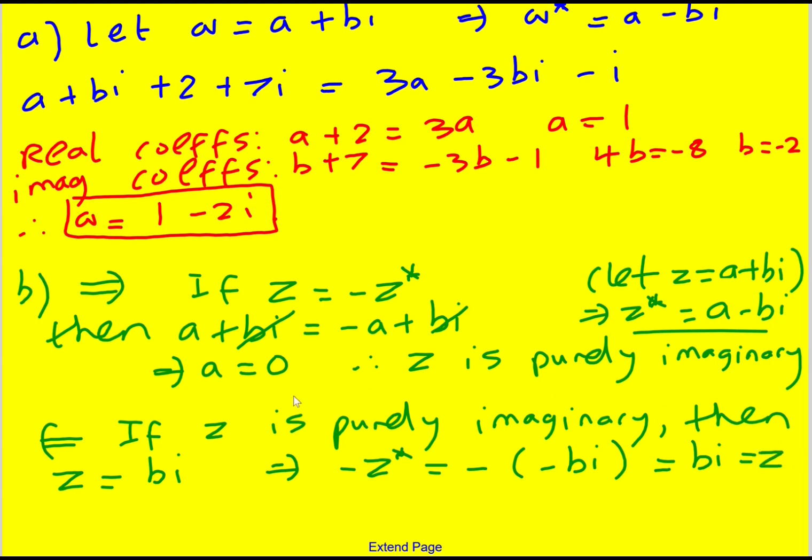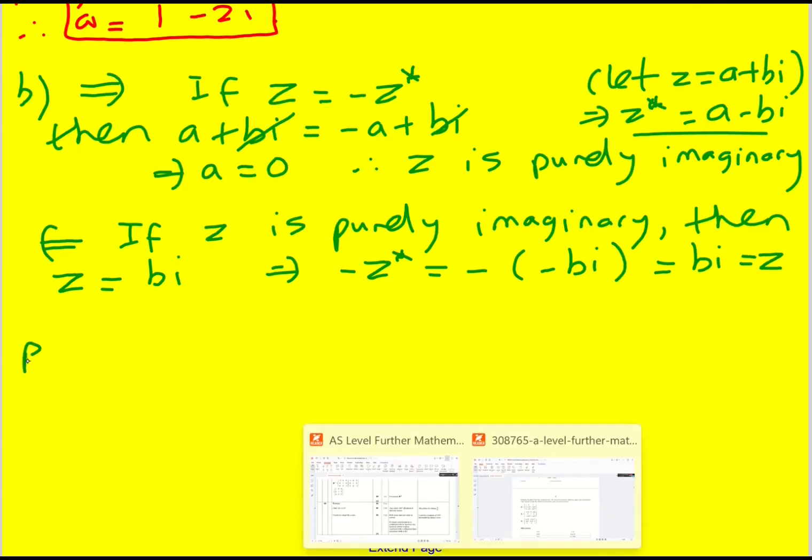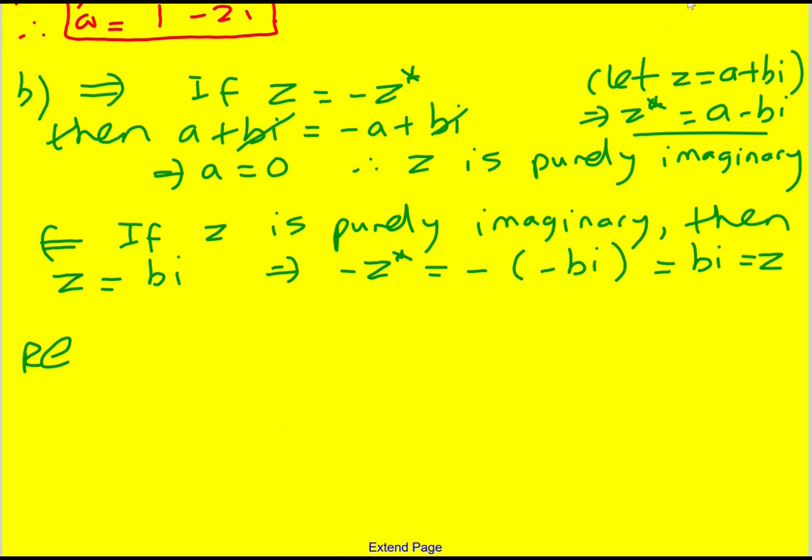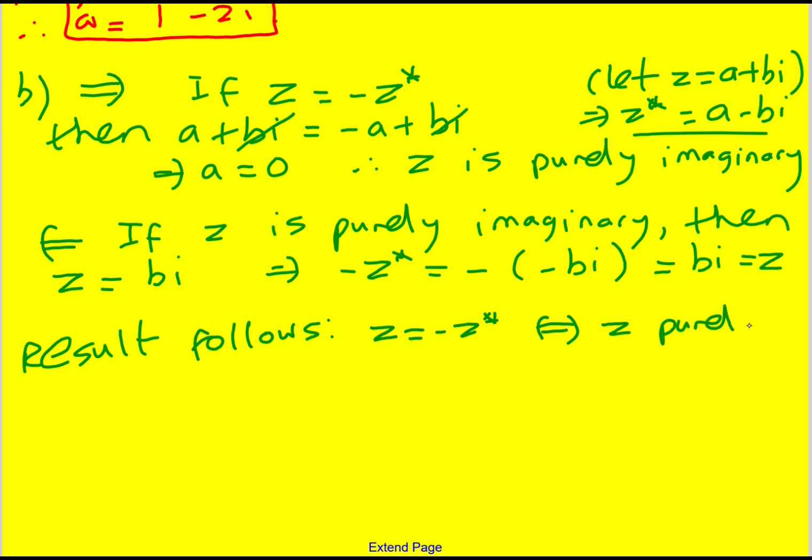And that's what we need to show. So the result follows. z equals minus z star if and only if z is purely imaginary.